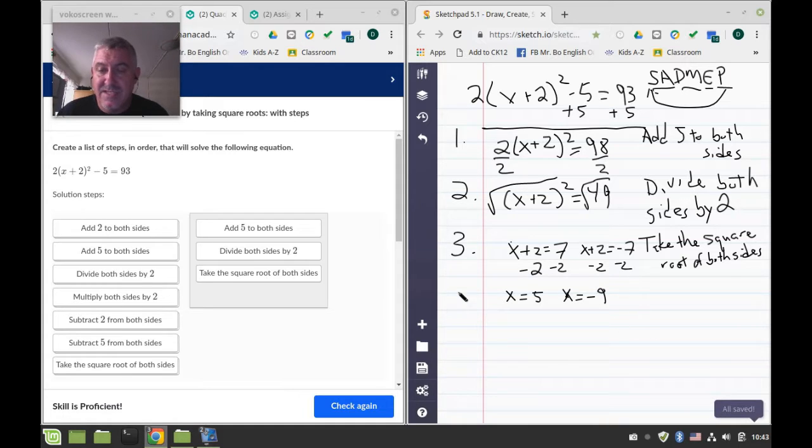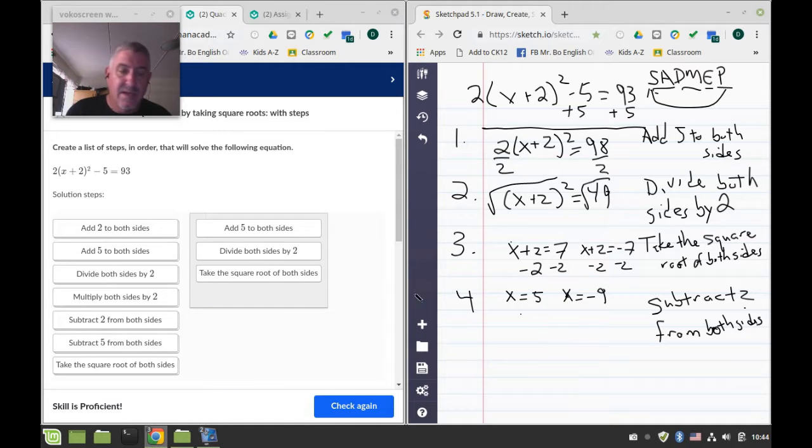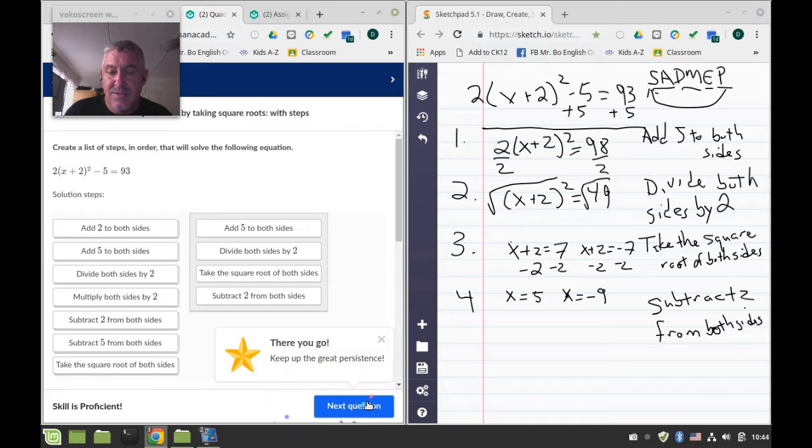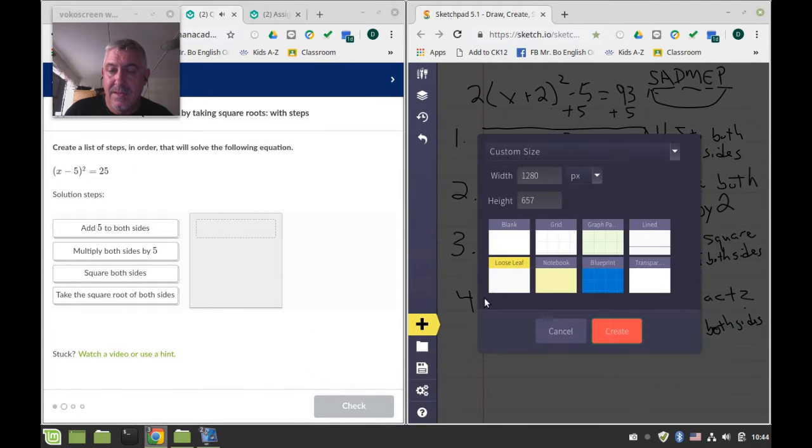And we're going to call that step: subtract 2 from each side, or from both sides. Subtract 2 from both sides. And let's find out. Let's subtract 2 from both sides. And there's my problem.